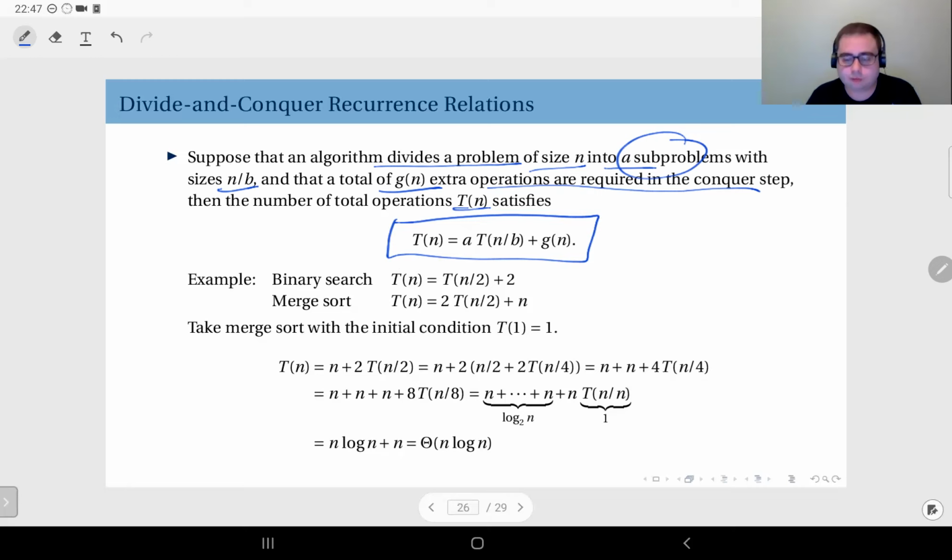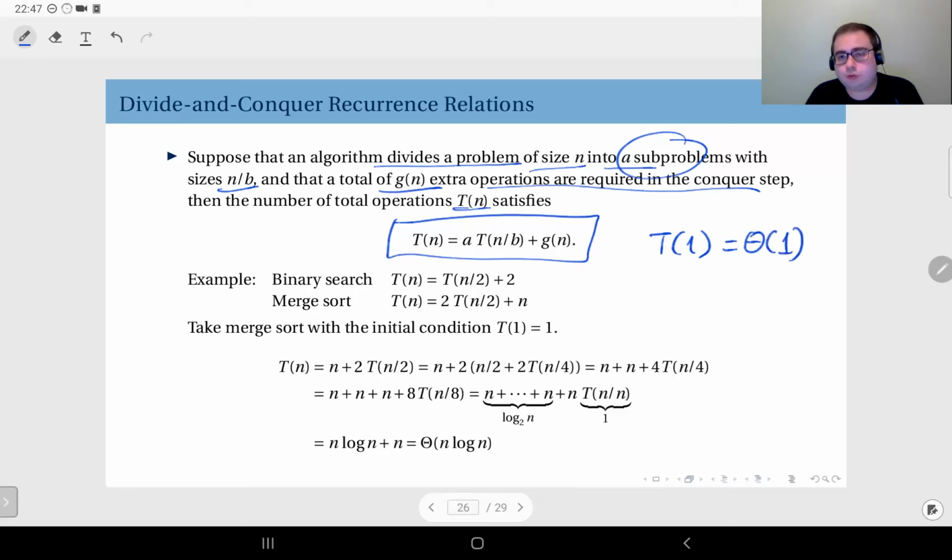And usually, the number of operations required for an input of size 1 is going to be assumed to be constant. So in general, we will assume T(1) to be big theta 1. It doesn't have to be 1.